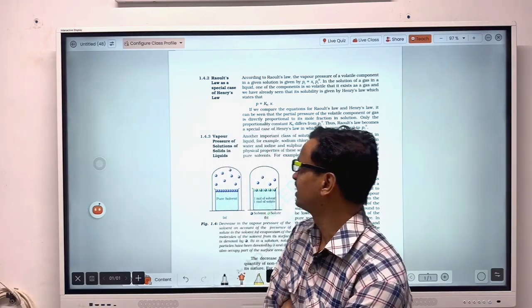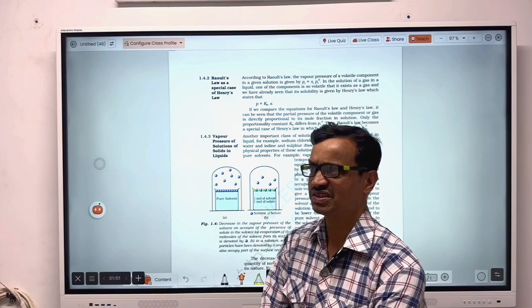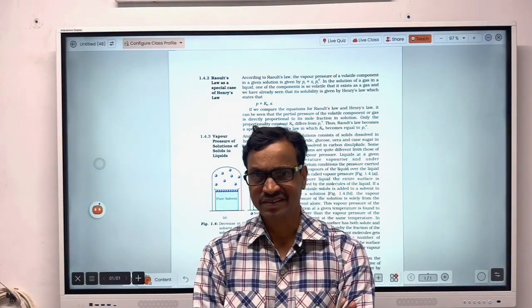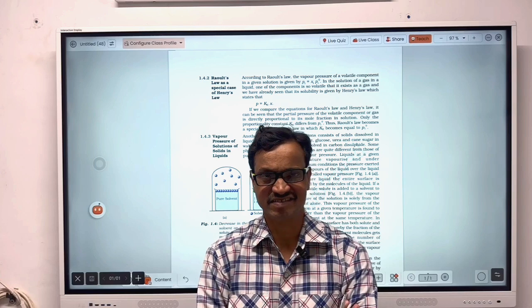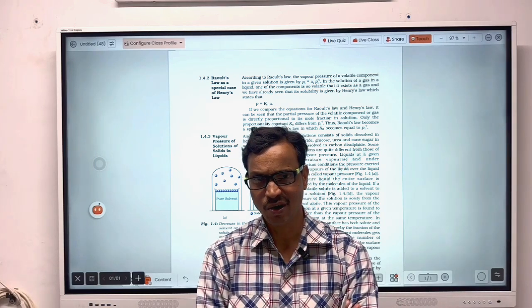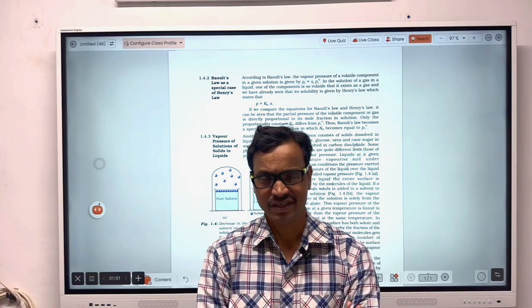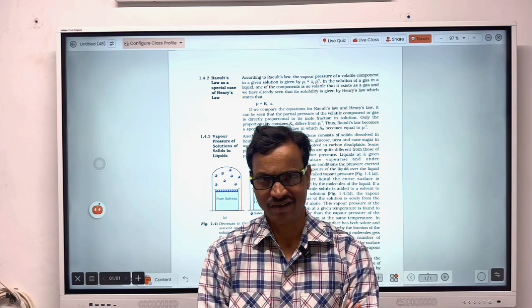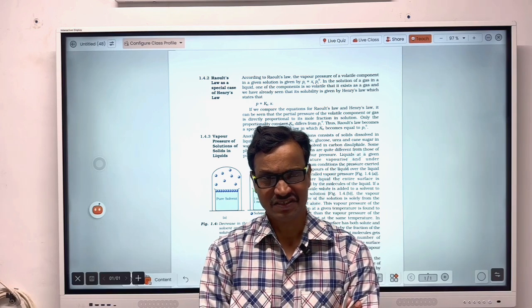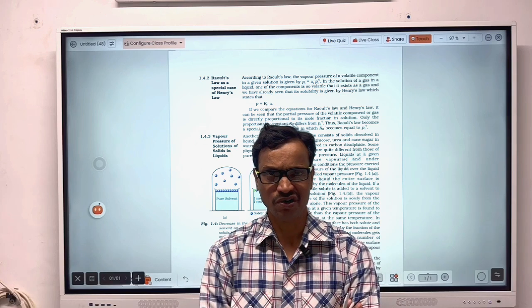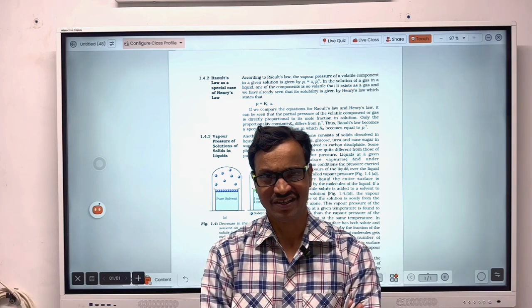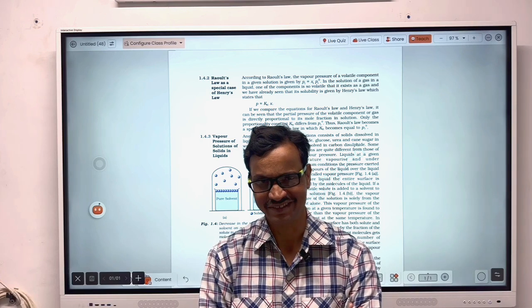So both the laws are the same, but the difference is that Henry's law is applicable for the solubility of a gas in a liquid, while Raoult's law is applicable for the solubility of a liquid in a liquid.